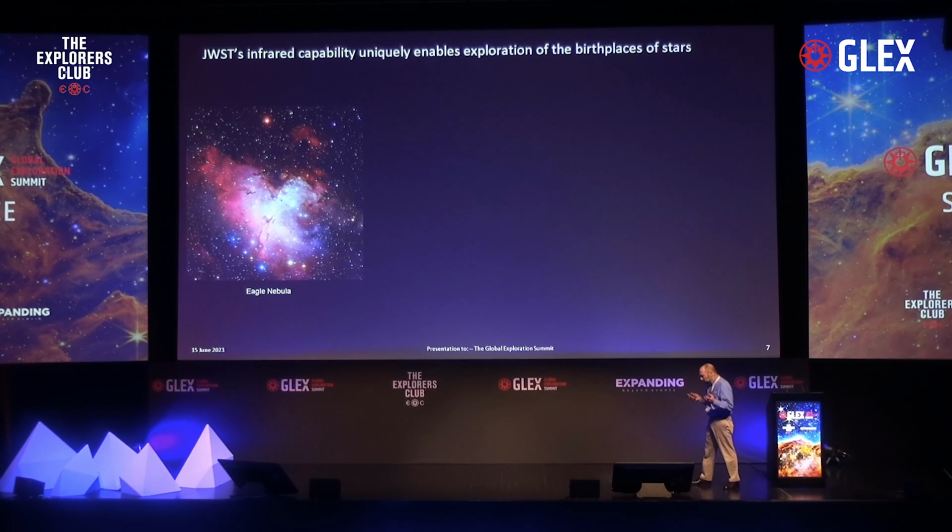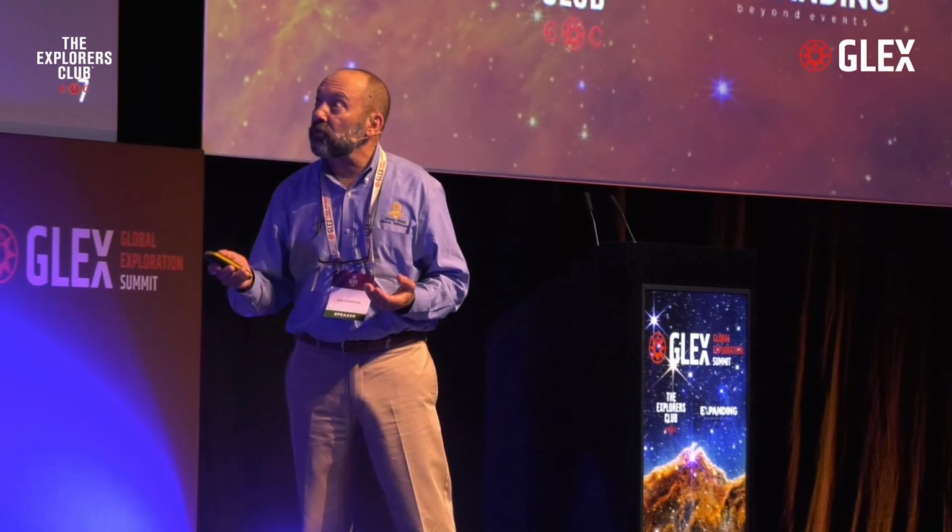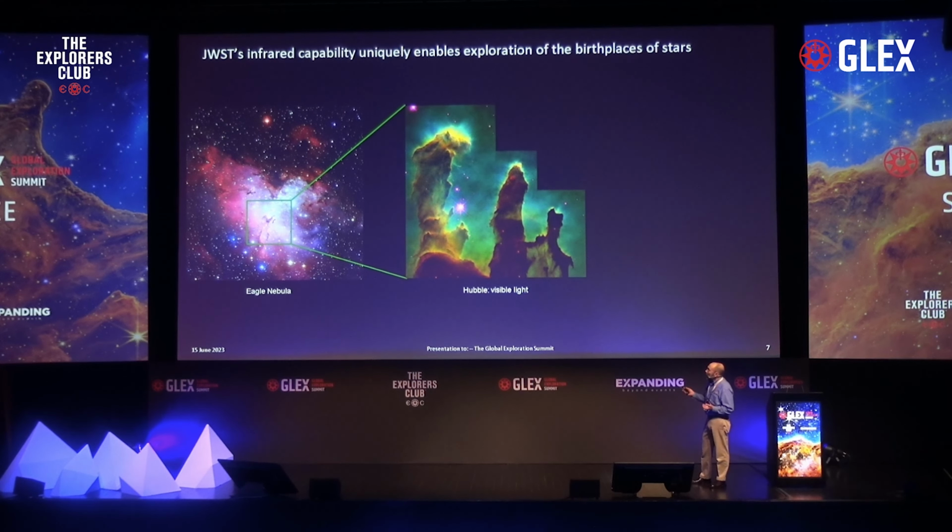All right. Now, the spaces between the stars in our galaxy, the so-called interstellar space, it's not a cold, empty vacuum. It's filled with giant clouds of molecular gas and dust. Now, the Hubble Space Telescope, early in its mission, imaged a portion of this object called the Eagle Nebula and took this very famous image.